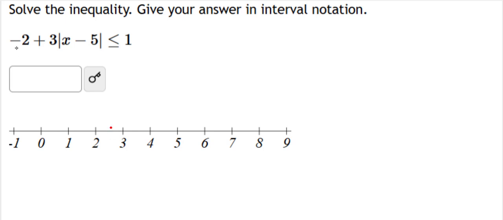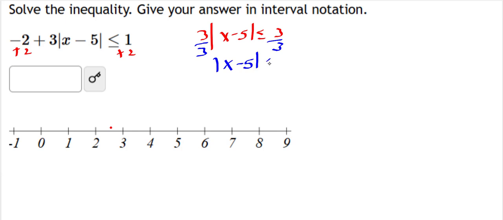So we're going to add 2. So that is 3 times the absolute value of x minus 5 less than or equal to 3, divide by 3. So absolute value of x minus 5 is less than or equal to 1. Less than, it's an and, right? Okay.